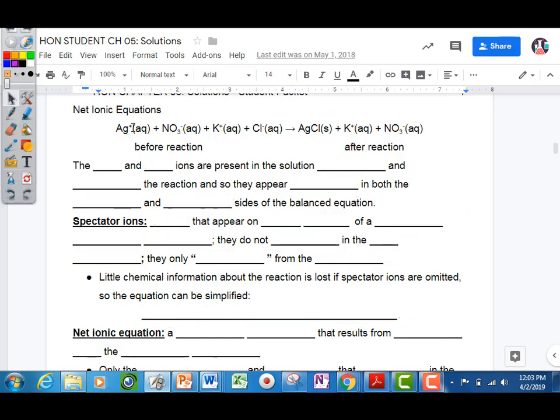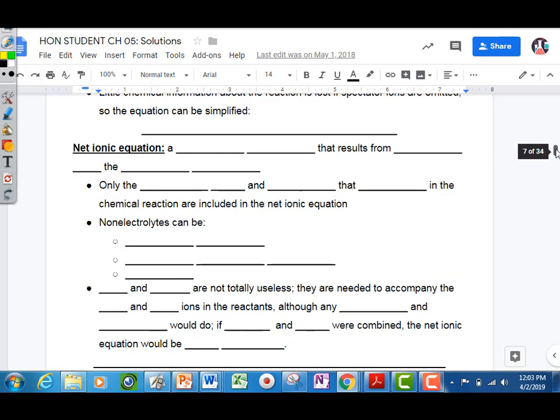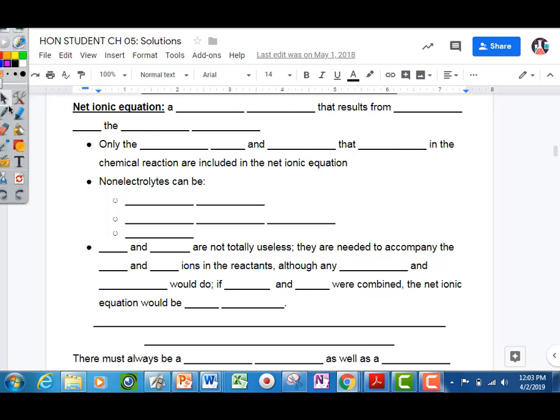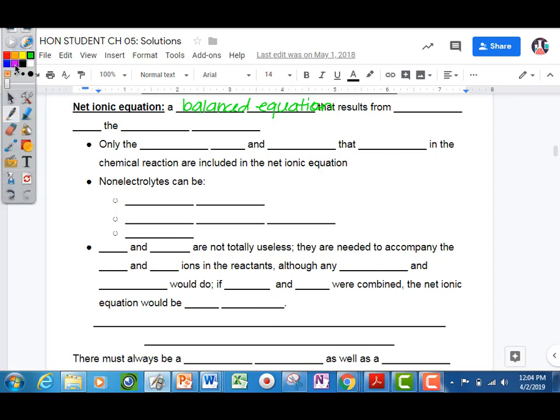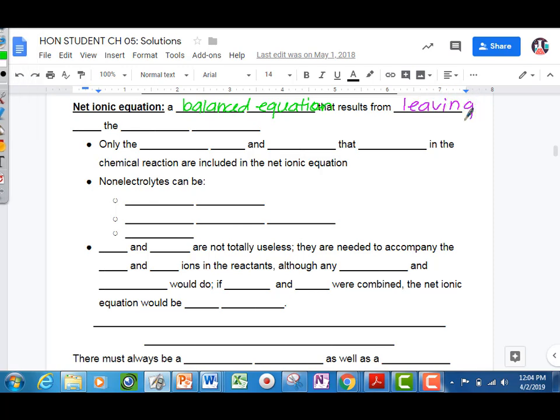So the net ionic equation is a balanced equation that results from leaving out the spectator ions.